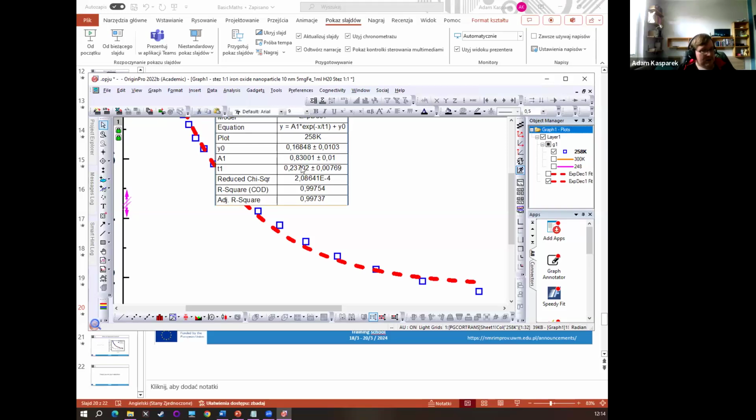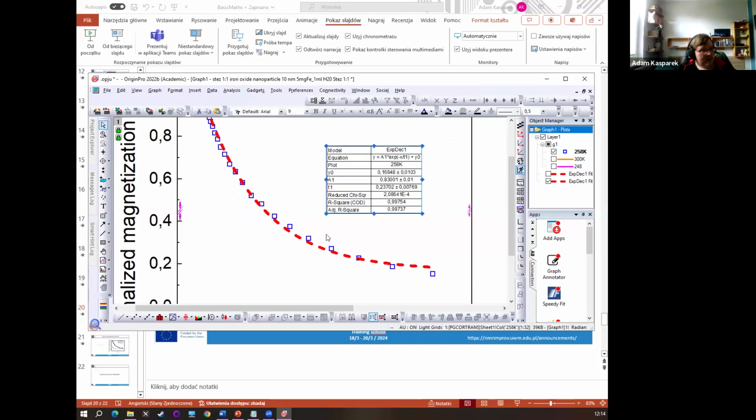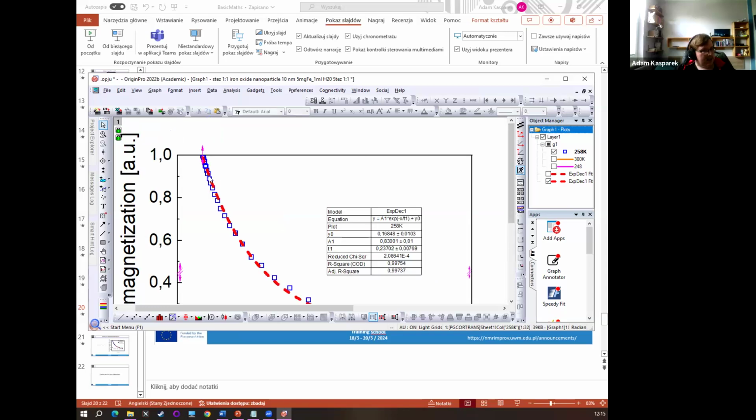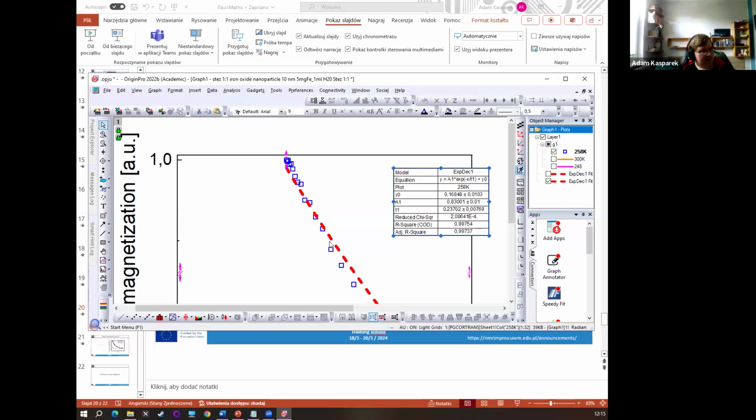But if we look closer here and here, we can clearly see that this fit goes under the curve and goes a little over the curve here. If we enlarge this part, we can also clearly see that here it is under the curve and here it is over the curve.